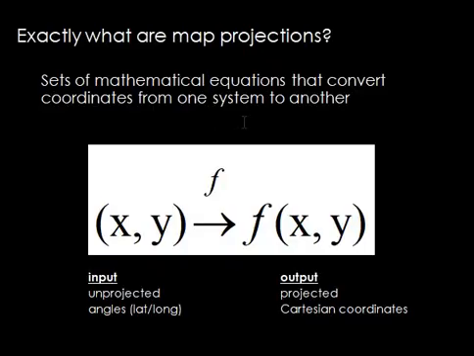So exactly what are map projections? Map projections are a set of mathematical equations that convert coordinates from one system to another. For example, unprojected angles with x and y axes are projected with a function of Cartesian coordinates, say f of x, y.